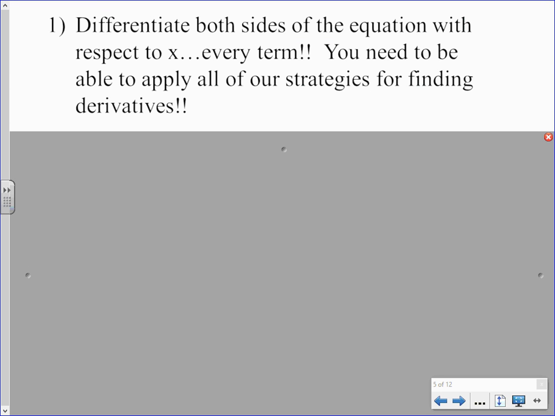You have to differentiate both sides with respect to x, and you have to differentiate every single term. Yes, this is a new technique, but we still have to remember everything that we learned last week. Power rule, product rule, quotient rule, chain rule.